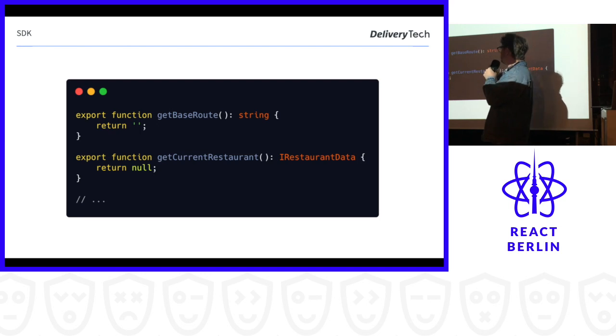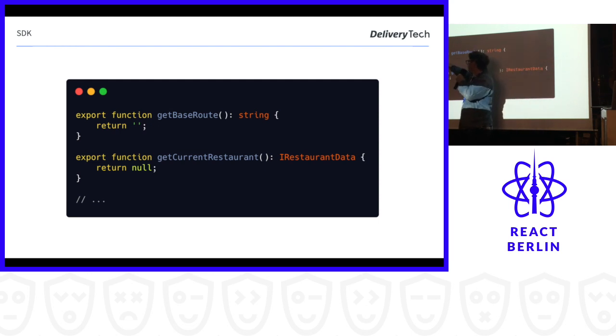Here you see two functions that we expose. You just export this get base route, which in the package itself returns an empty string, and in the frame, it returns the actual implementation of this.